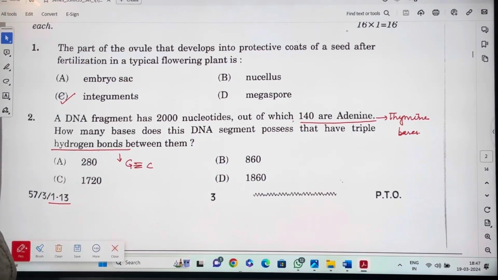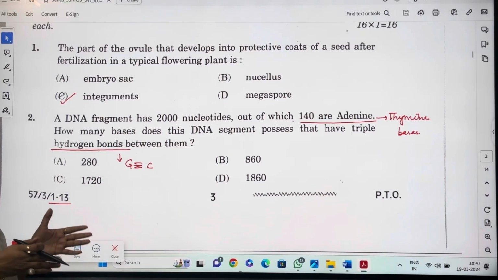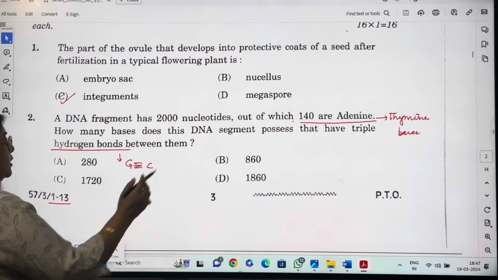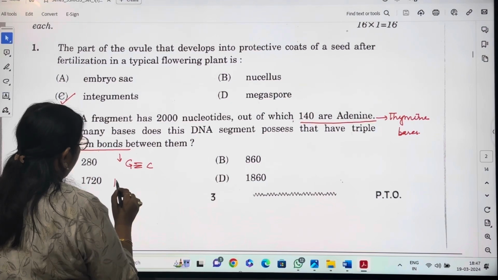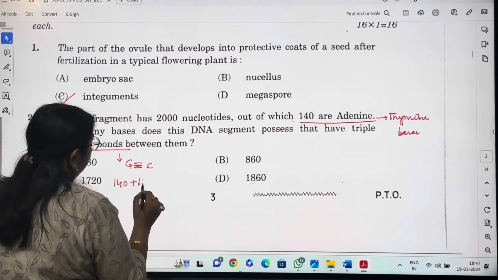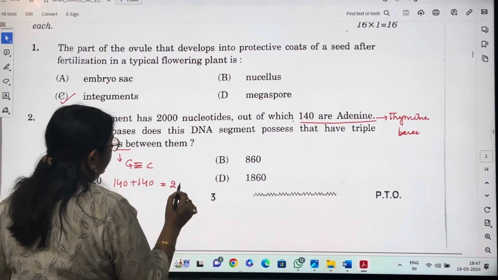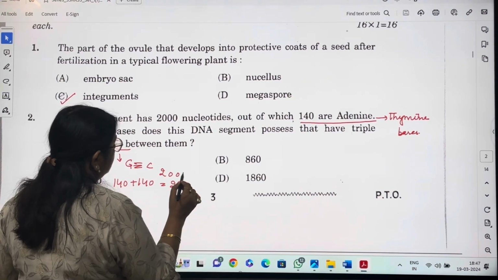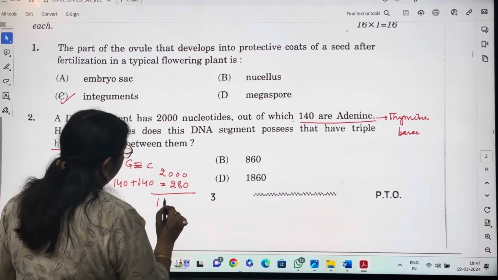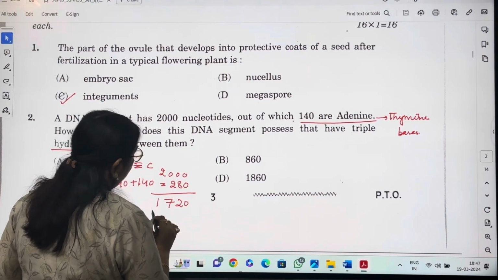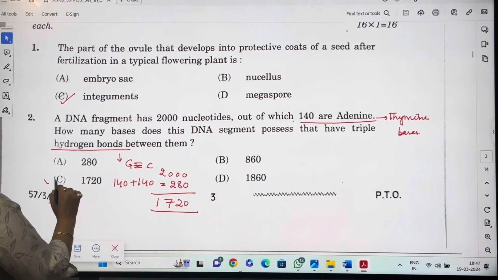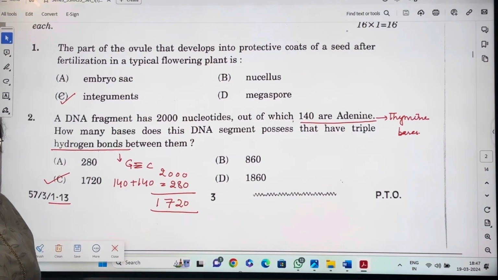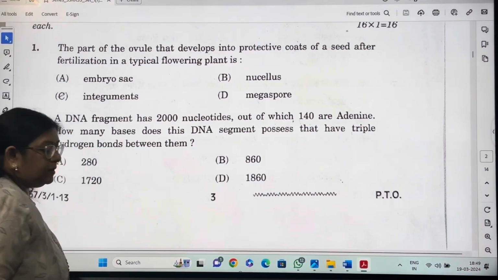It means you have to tell about the number of guanine and cytosine bases. So 140 plus 140 is equal to 280, and when we subtract these out of 2000 bases, the answer will be 1720. So the answer is 1720 bases.